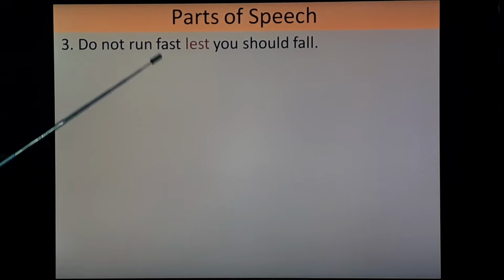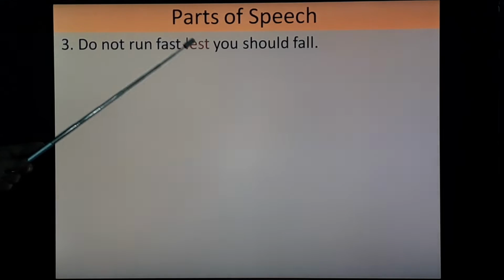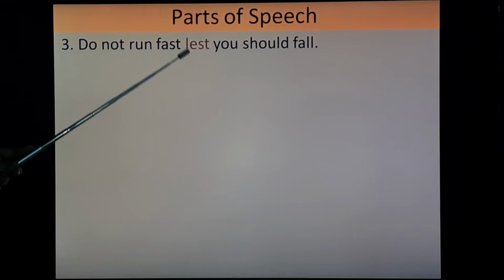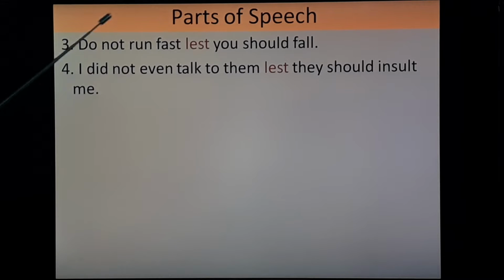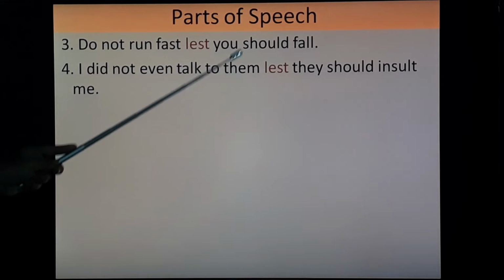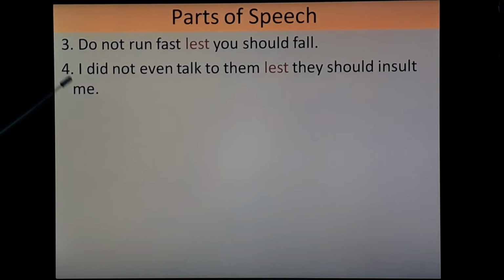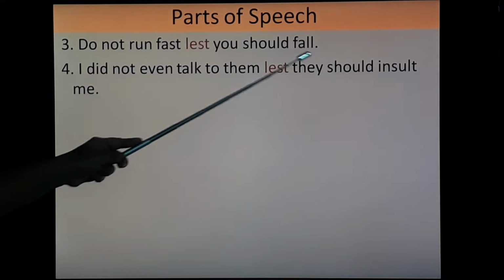Do not run fast lest you should fall. So here lest is also used in order to prevent something. Next, I did not even talk to them lest they should insult me. So here I did not even talk to them in case they should insult me.